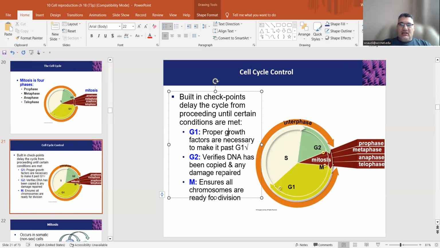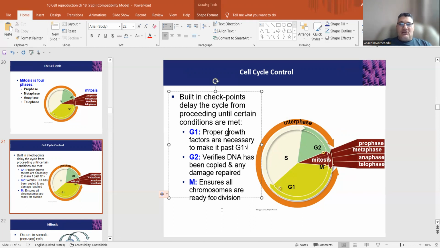And G2 is when the DNA is already duplicated, so you're going to make the proteins needed for the mitosis, the factors that are needed to repair DNA. If there is something wrong, you fix it in G2. You provide the threads that are going to help you with the mitosis, with the division. So you prepare and repair until you go to the M, which is mitosis.